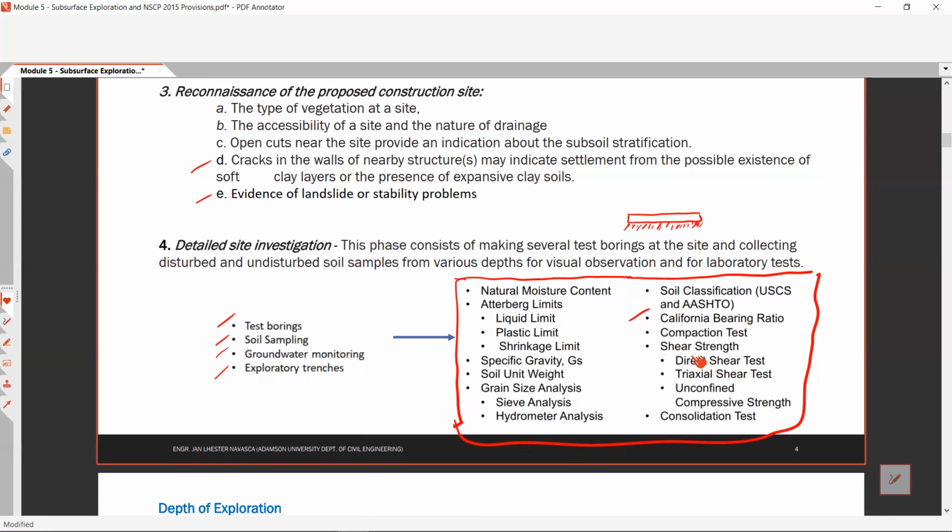Then we also have the shear strength tests: direct shear test, triaxial shear test, unconfined compressive strength. And we have the consolidation test. All of these laboratory tests the geotechnical engineer needs to investigate in order for structural engineers to solve for the foundation solutions and different design problems.